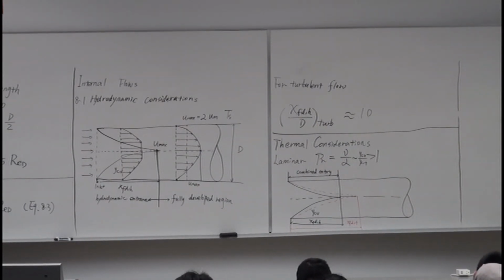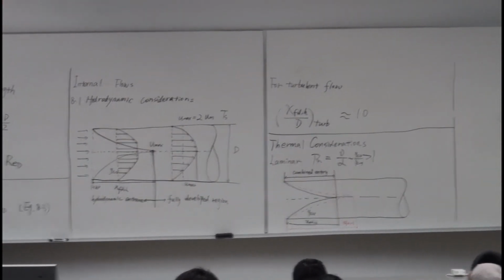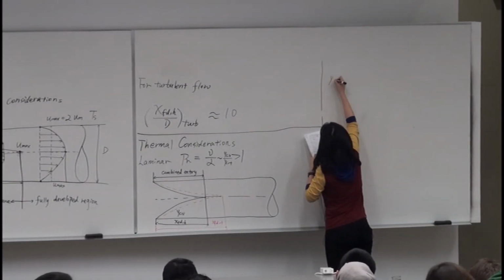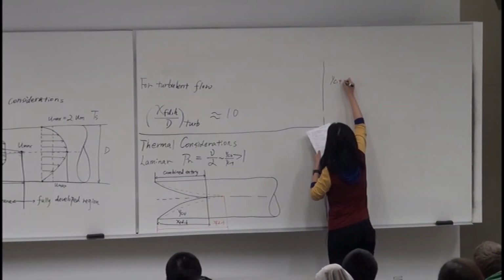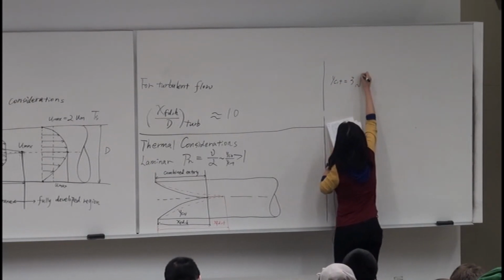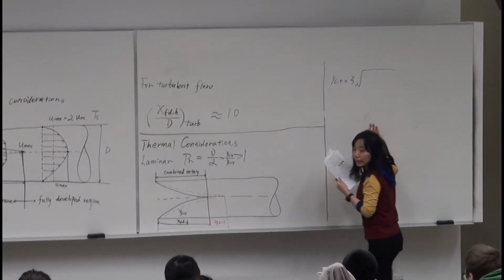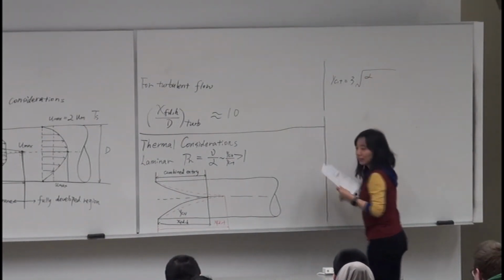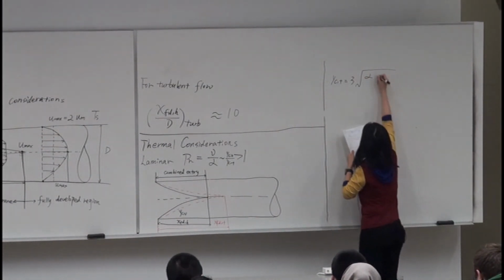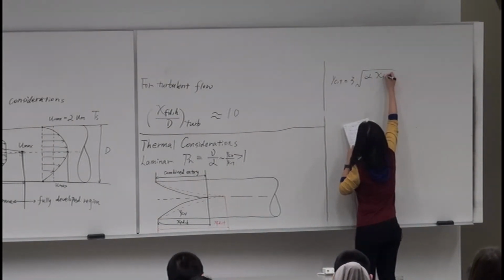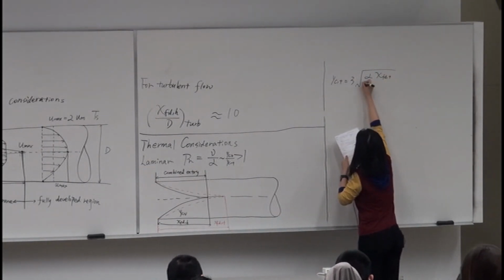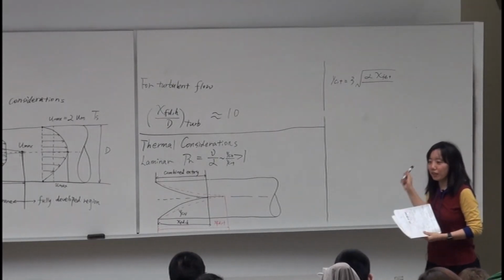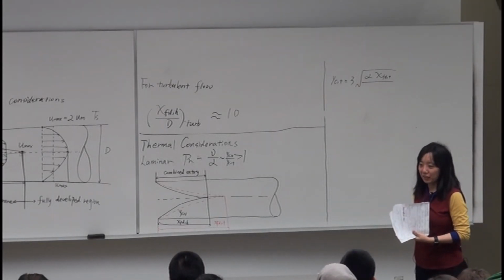When it comes to the thermal boundary layer, we have delta_T equals 3 square root, instead of kinematic viscosity, we have diffusivity here, times x over u, what we have for our external flow.